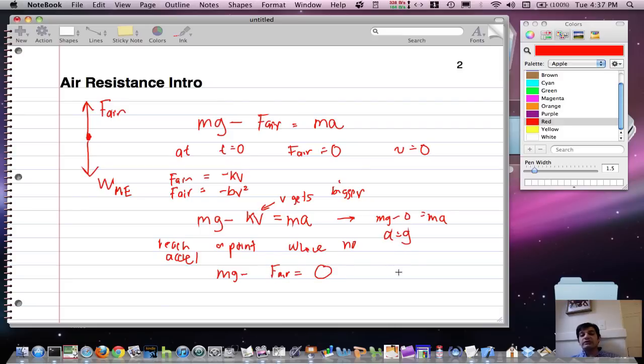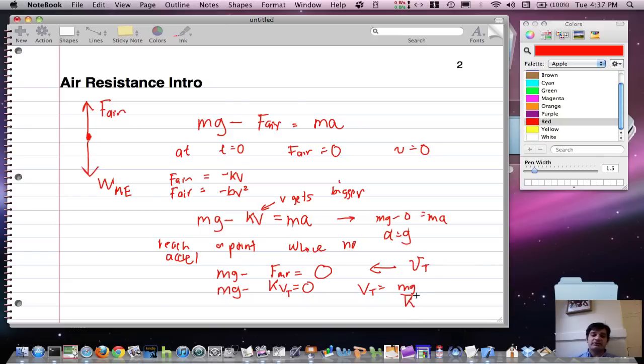Since we're already moving, we continue moving at a constant speed in a straight line. This is how we achieve terminal velocity. With linear air resistance, this means mg minus kv equals 0. So these two forces cancel, and we've reached the condition of terminal velocity, so I'll put a little subscript t there. We can solve for this terminal velocity as mg over k.